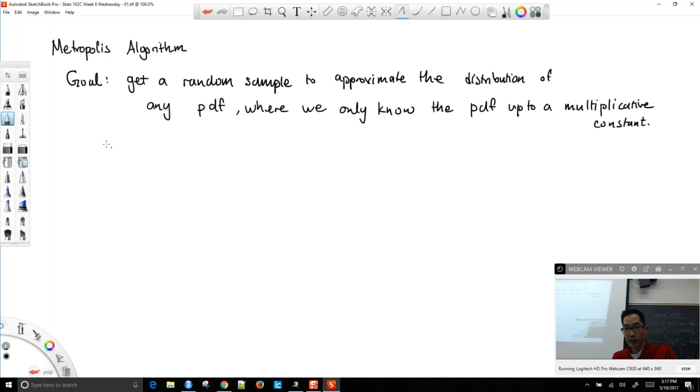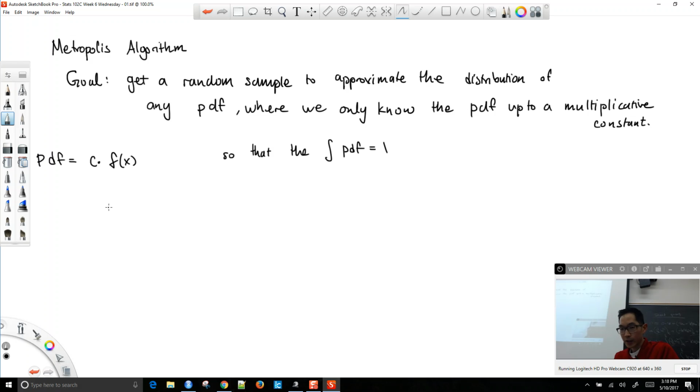Okay, so we had, we'll say the PDF is equal to some constant times f of x, so that the integral of the PDF is equal to 1, right?